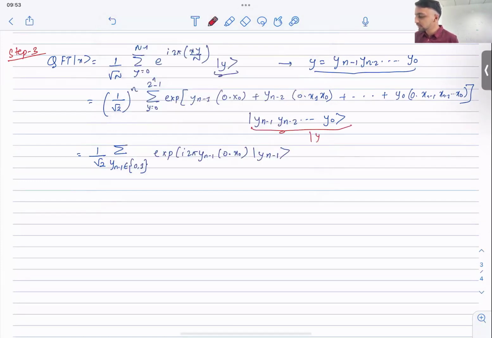Remember, this is just a tensor product, right? Tensor yn minus 2, tensor y0. So among all the possible sums in y, I took the first one, and then I took the first sum like this. And I'll do the same thing with the second term.